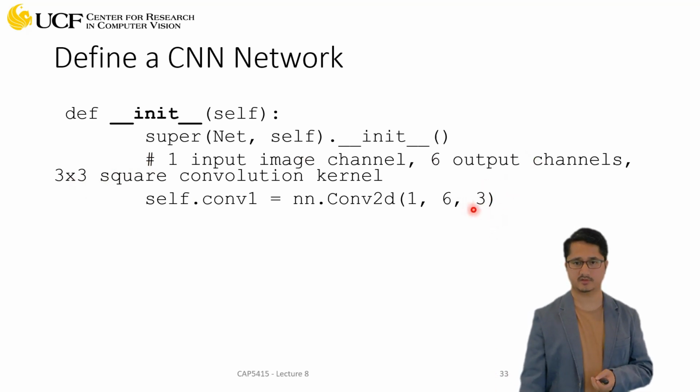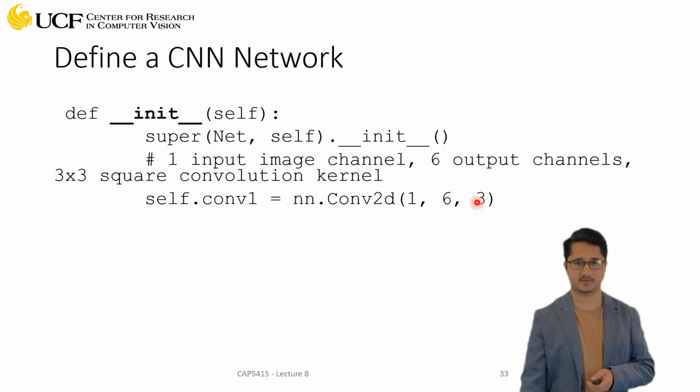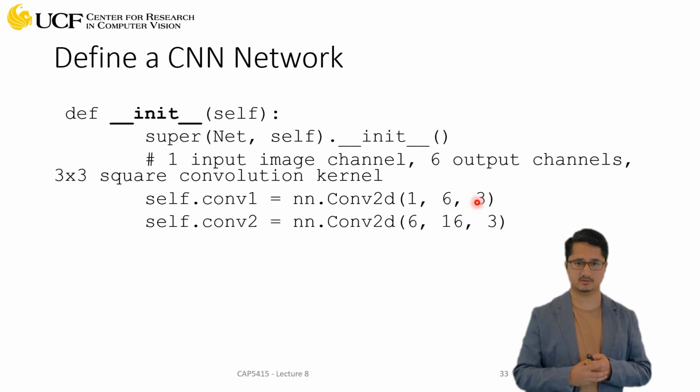But if you're just saying 3, it's a 3 cross 3 kernel. So what this line of code did is you now have a layer named con1, which is a 2D convolution operation. The input to this layer will have an activation map which has a depth of 1. And this layer will have 6 kernels, and each kernel will have a shape of 3 cross 3. Right? So far so good.